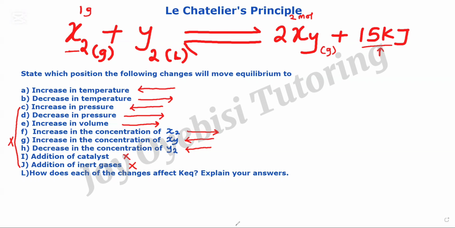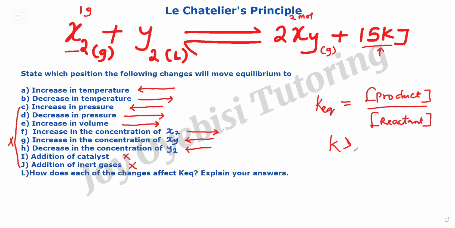To figure this out, we need to remember our K expression, where you have Keq or Kc equals the concentration of the product over that of the reactant. So we say that when the equilibrium favors the product, K is greater than 1.